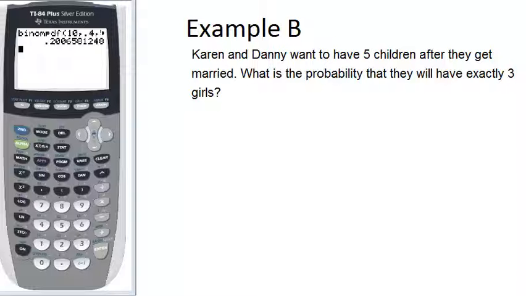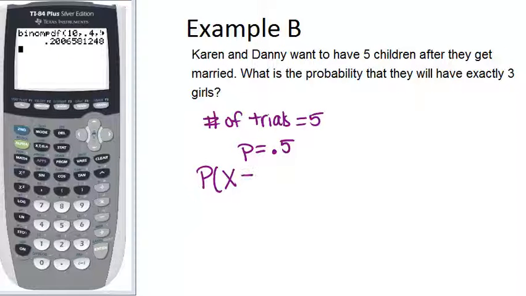So the number of trials is 5 because they're going to have 5 children. We should assume that the probability of success, or the probability of having a girl, is 0.5, that they have just as much of a chance of having a girl as a boy. So probability equals 0.5. And we're wondering, what's the probability that the number of successes will be exactly 3?